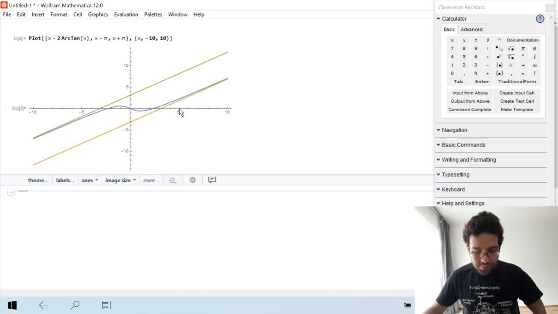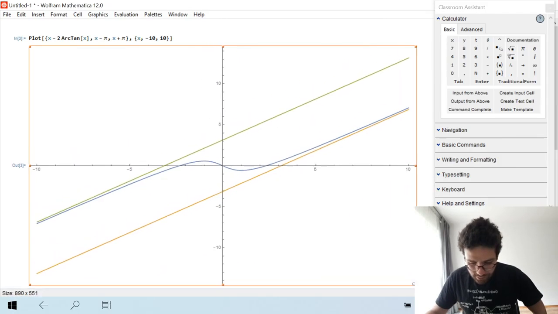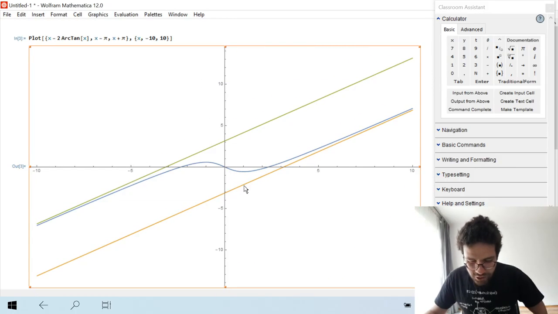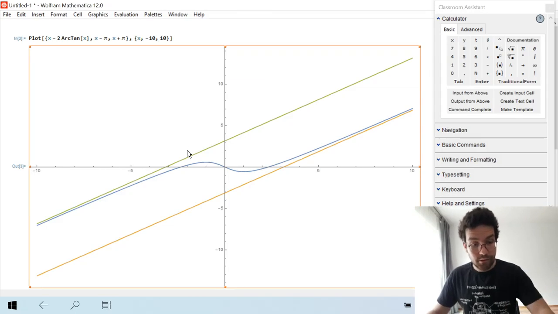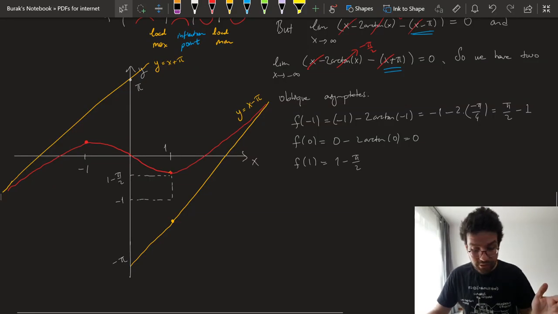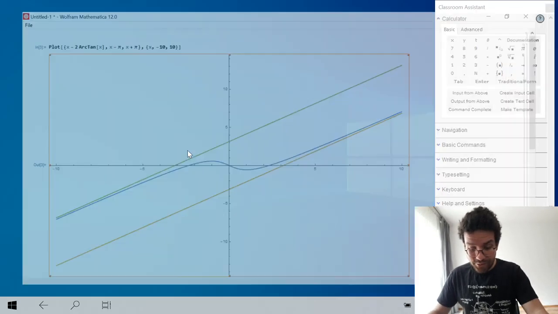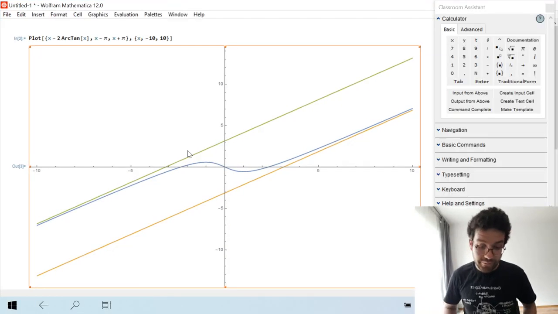Yeah, this is the picture. Now you can see. The orange line here is y equals x minus pi. This one is y equals x plus pi, and this is my function, okay? And as you can see, these lines are the oblique asymptotes of this function, which I also had. I mean, clearly the Mathematica picture is more beautiful, but that's the best I can do. I'm sorry. So this is the graph of the function, okay?